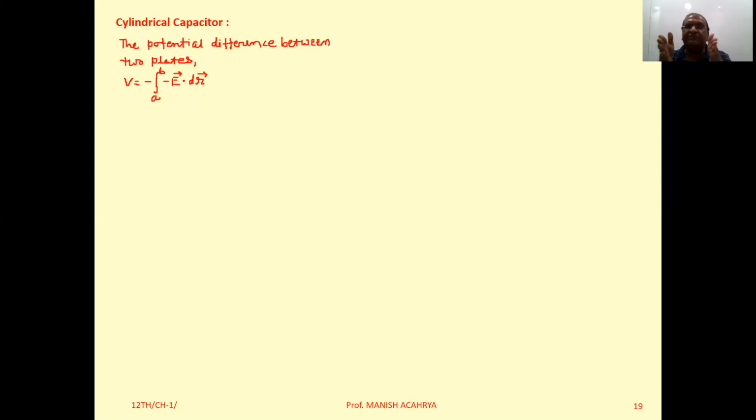And the potential difference between any two points is given by the equation V equal to minus integration a to b E dot dr. Clear? So as per that, this equation is written here.